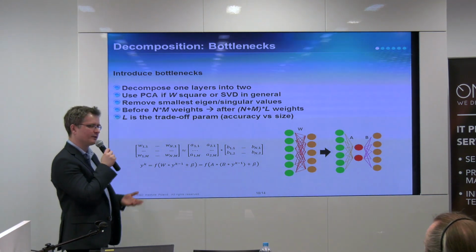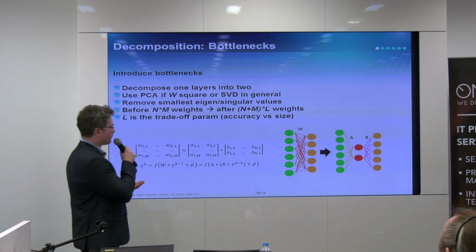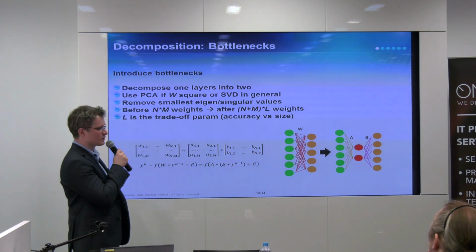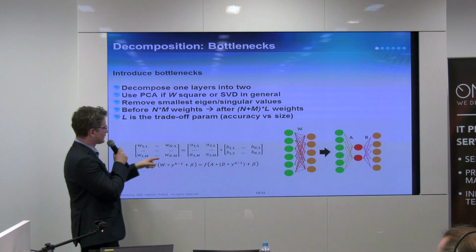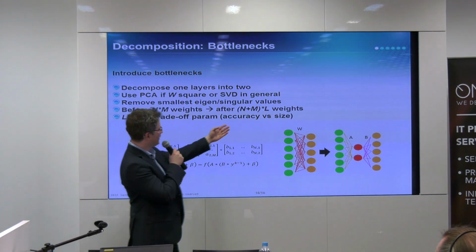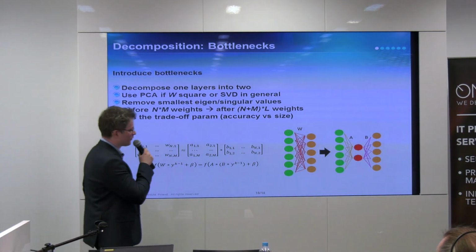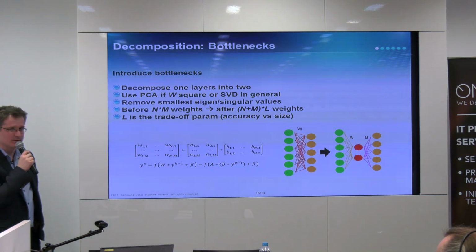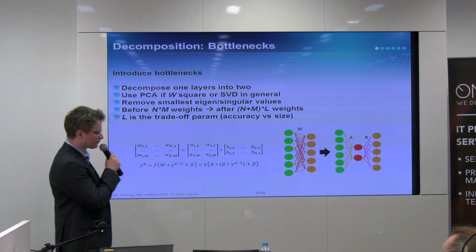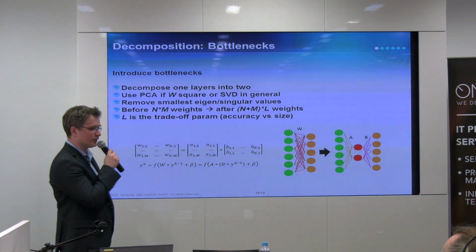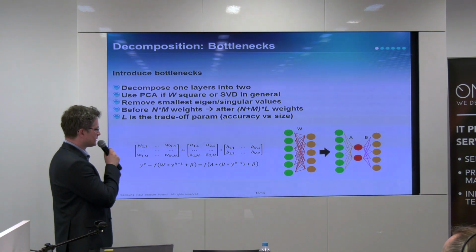So we trade off between the accuracy and size. Before this decomposition, we have n multiplied by m weights in this matrix. After, we have this one. So if we choose the L parameter wisely, we can reduce the size of the network and keep the accuracy.